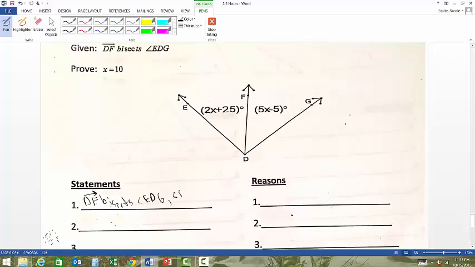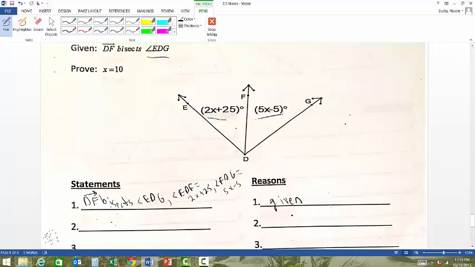They tell you that angle EDF equals 2x plus 25, and angle FDG equals 5x minus 5. So they actually have 3 pieces of given information in here. Have to pick up on the picture sometimes.